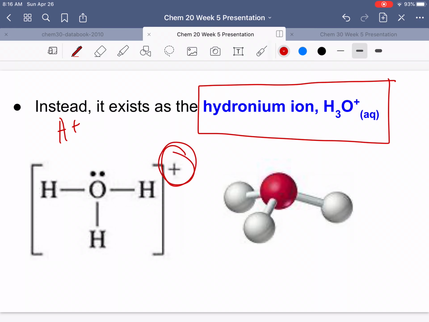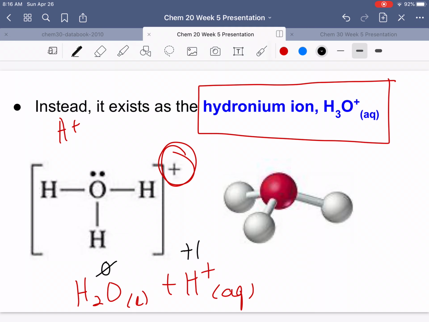Think about water. Water has a 0 charge, and when you add a hydrogen ion to that, we're taking something with a 0 net charge and adding a positive 1. Well, of course you're going to end up with a net charge of positive 1. 0 plus positive 1 is always positive 1. What's our result? H3O plus.